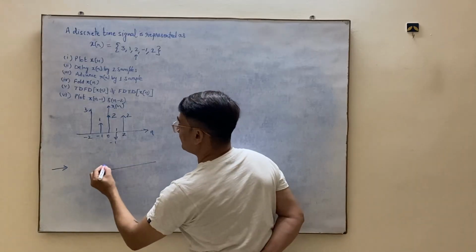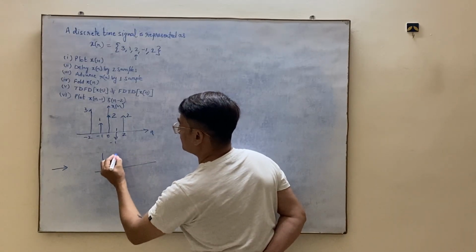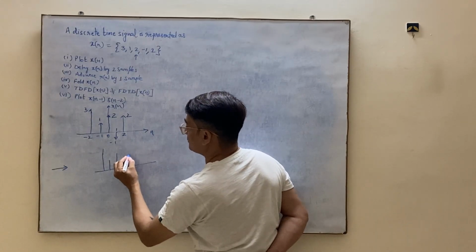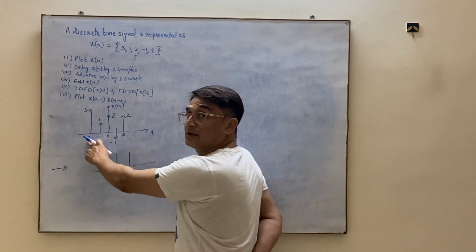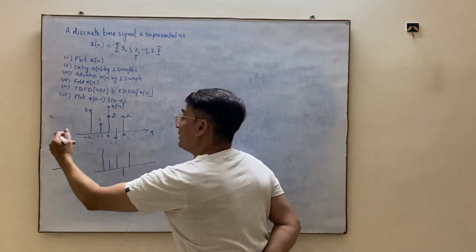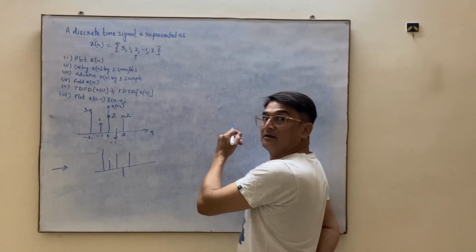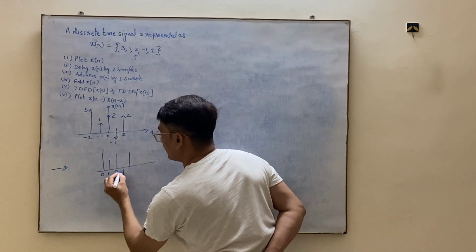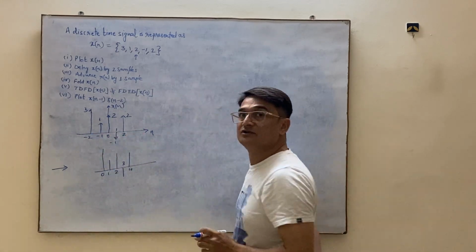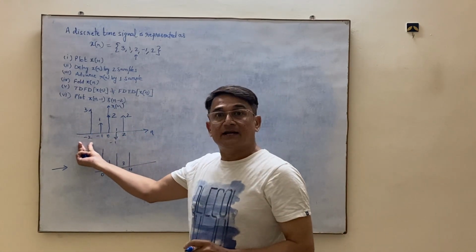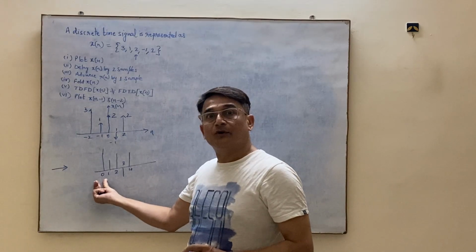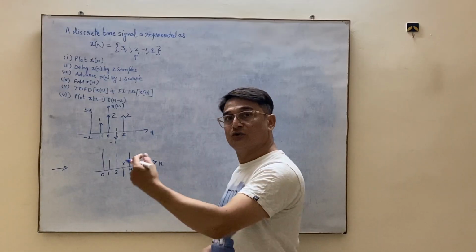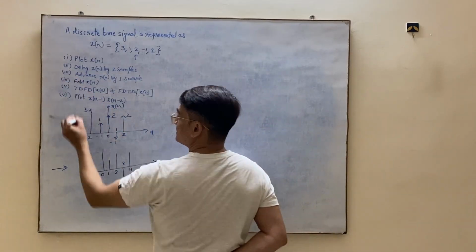So that means it will be 3, 1, 2, minus 1 and 2 again. But now the sample at minus 2 will shift towards the right-hand side. That means minus 2 will be at 0, so it will be 0, 1, 2, 3 and 4. So the sample which existed before at n is equal to minus 2 now exists at n is equal to 0, and so on. Same way, all the samples are shifted. So this is your second part.